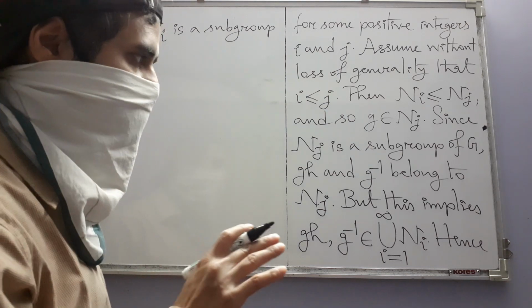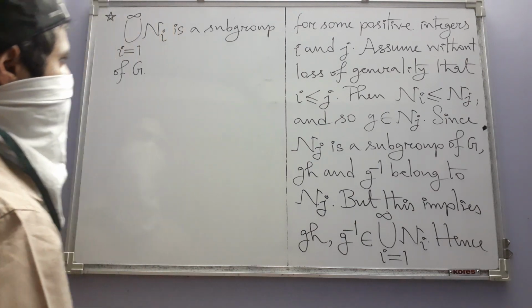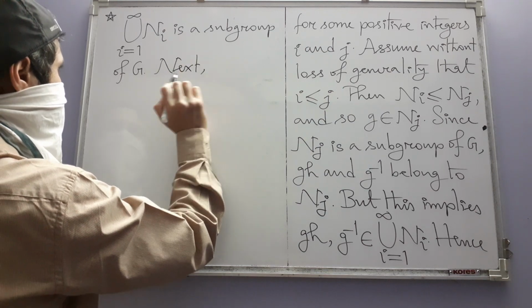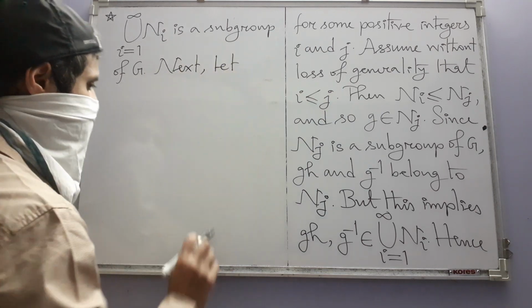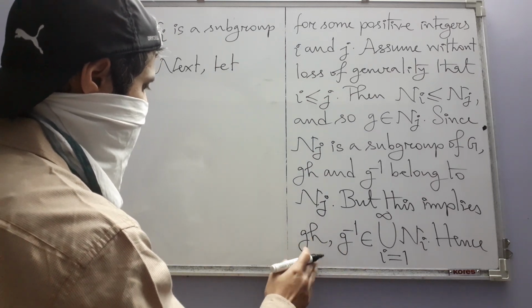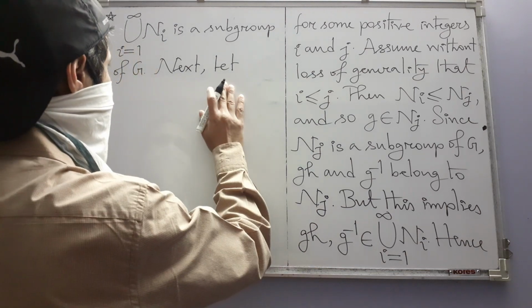Okay, now we come to the question of it being normal in G. So we write like this. Next, because we have already chosen G, and although it does not matter, but still let's take some other symbols.